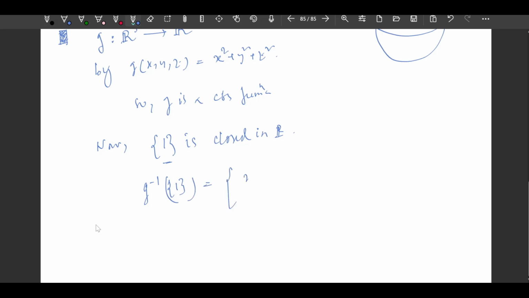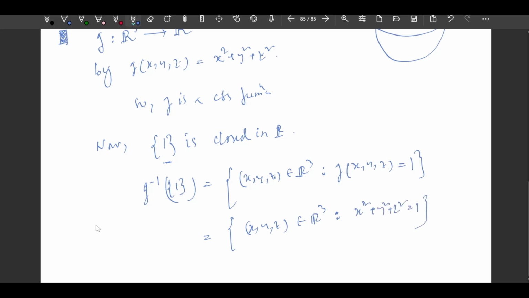This is those x comma y comma z belonging to R3 such that g of x comma y comma z equals 1, right? This implies those x comma y comma z belonging to R3 such that x squared plus y squared plus z squared equals 1, and this is nothing but S2, right?